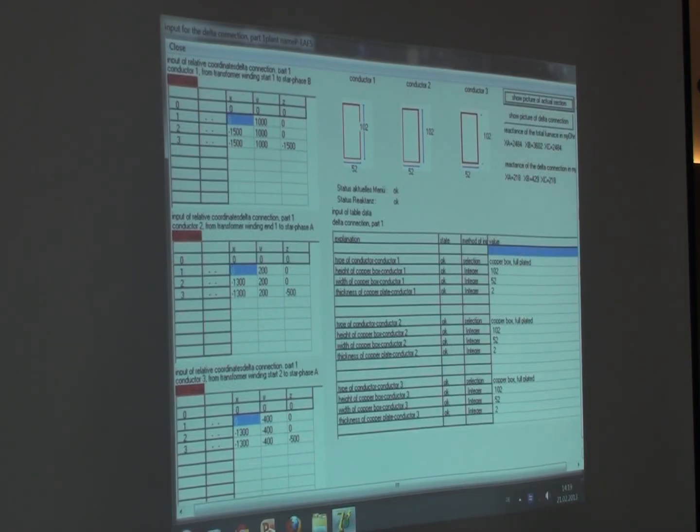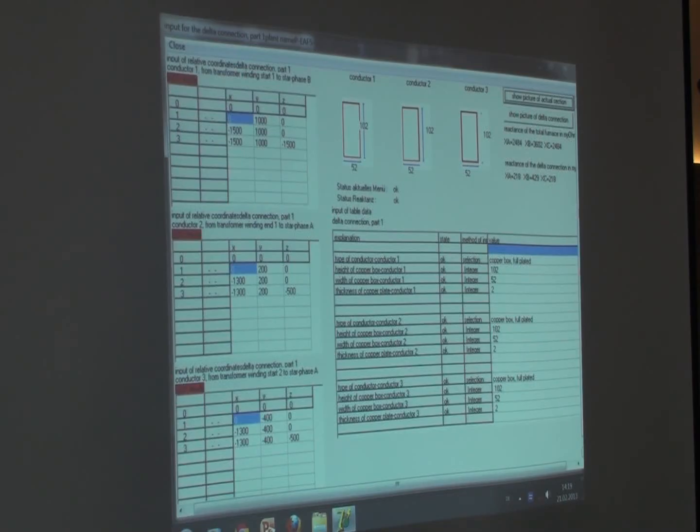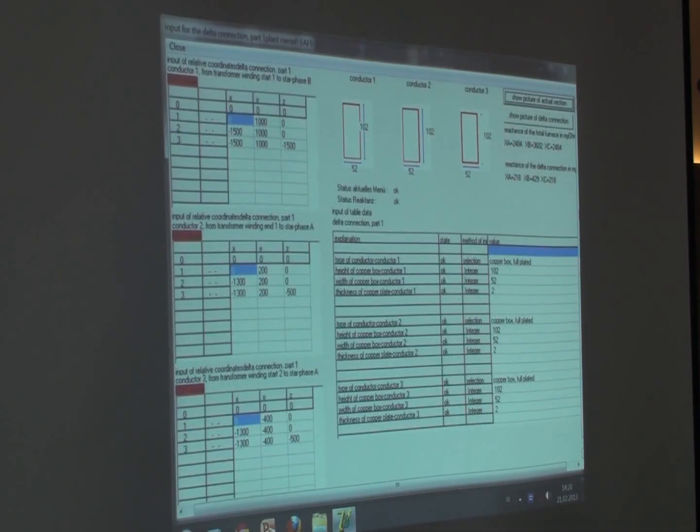This is calculated from this to this. Calculated from delta to star. I don't have the equation for that. I did not find it, but I have the equation to calculate from this to this. This is given by Mr. Ahlers.